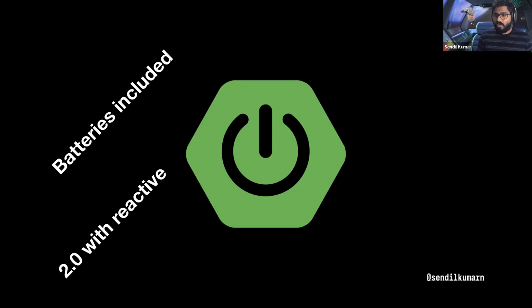Spring Boot 2.0 came in recently, around 3 years after its first release, and it added reactive elements to it. So it enabled us to develop the same Spring Boot application, but made it run on top of a reactive system. We will see how the Spring reactive system is architected in a later slide, but it allowed us to write reactive applications with Spring Boot.